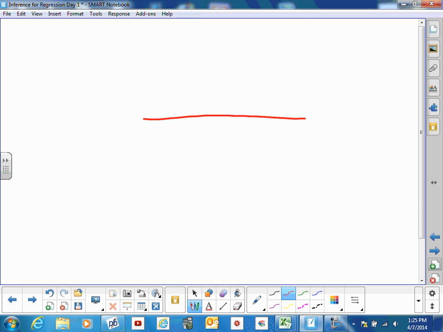If this is your residual plot, and this is your prediction line, and you got all of this data here, well, guess what? That's one standard deviation up, and that's one standard deviation down, which in this case is 13.4.